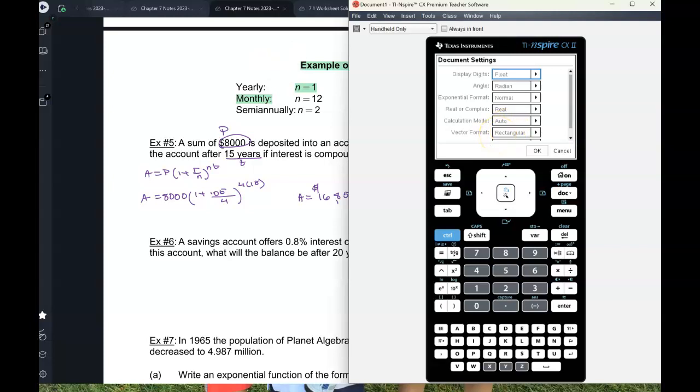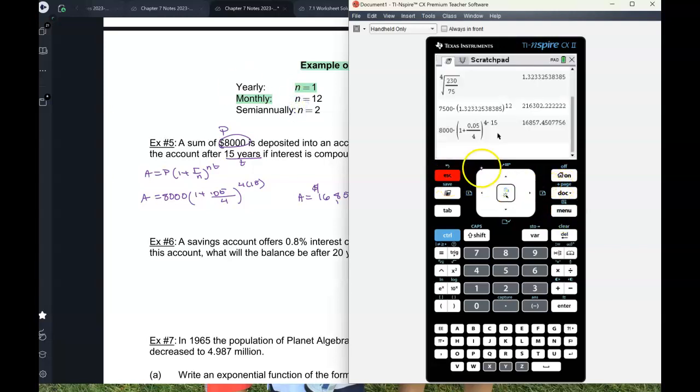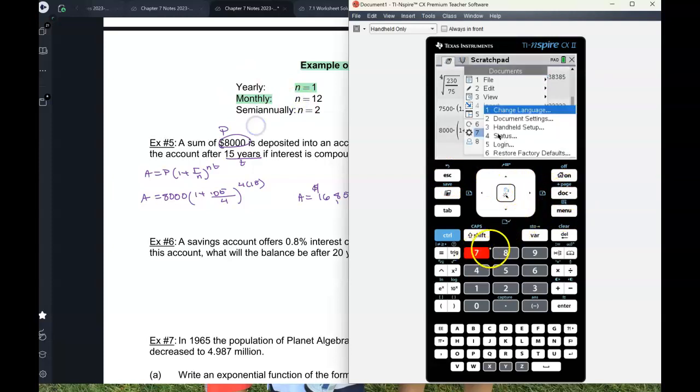This first one, display digits, has to say just float, not float 6, just float. When you say float, it's for the whole thing. So doc, 7, document settings, and it's right there.